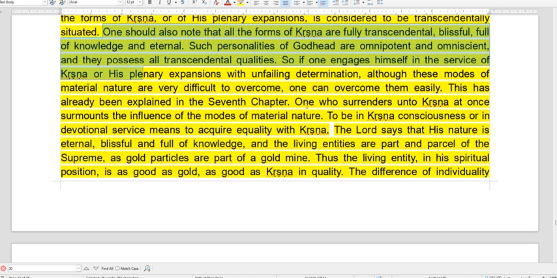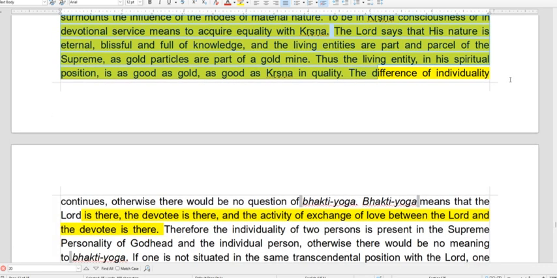This has already been explained in the Seventh Chapter. One who surrenders unto Krishna at once surmounts the influence of the modes of material nature. To be in Krishna consciousness or in devotional service means to acquire equality with Krishna.